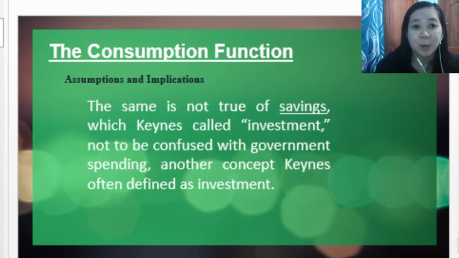The same is not true of savings, which Keynes called investment. According to him, this should not be confused with government spending, another concept which Keynes often defined as investment. So this is his theory. Although some other economists oppose this theory, for him, this is how he understood and defined these terms.